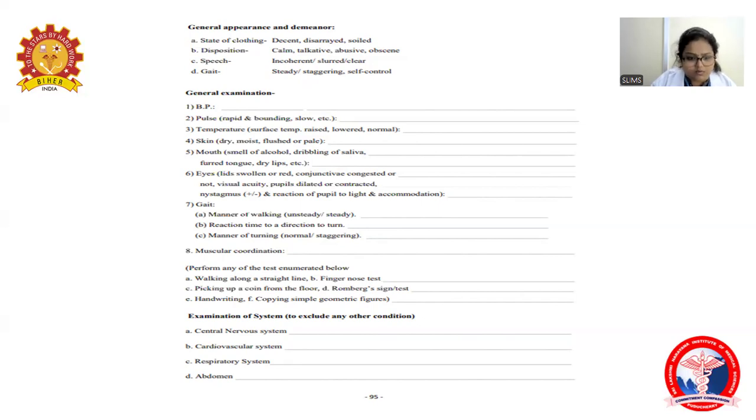And then the systemic examination, where all four vital systems, CNS, the cardiovascular system, the respiratory system, and the abdomen, have to be examined. A general comment on all these systems has to be given.